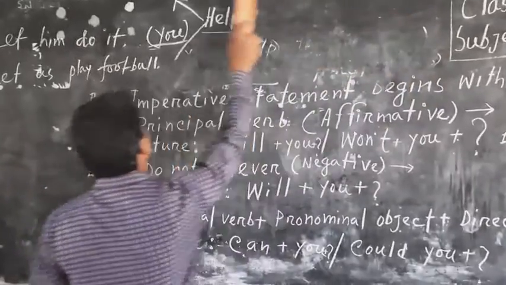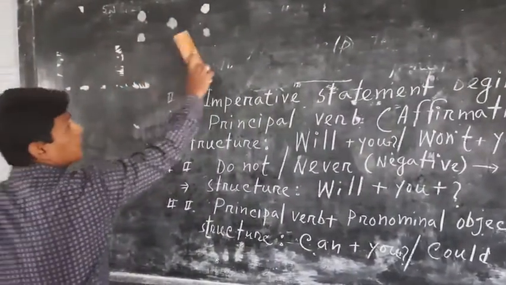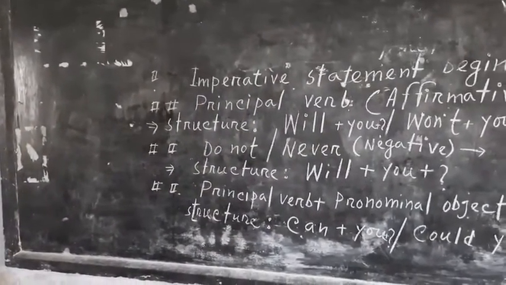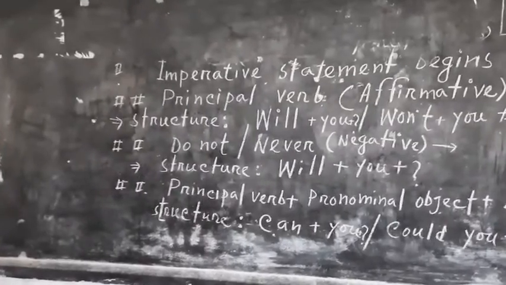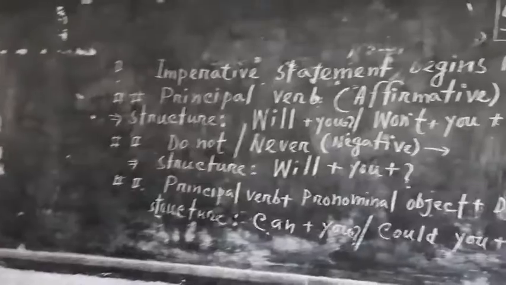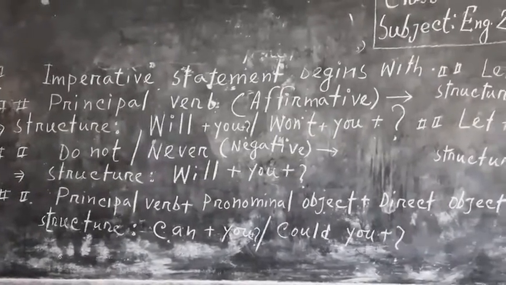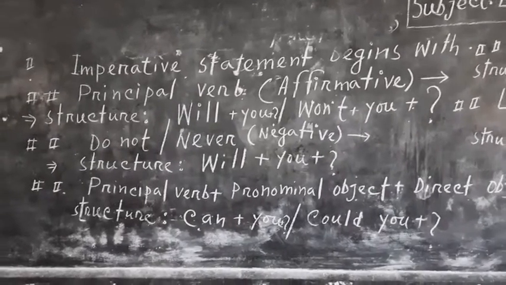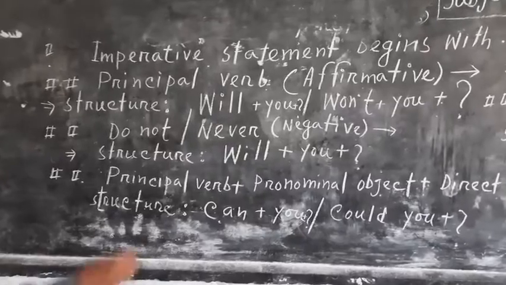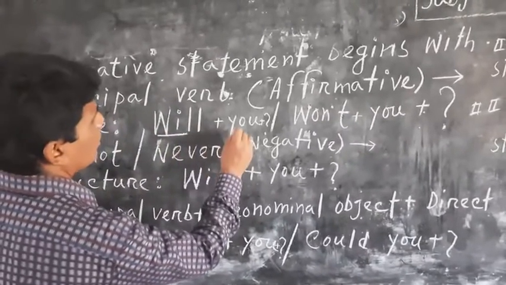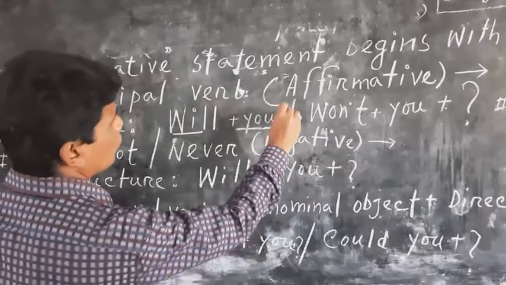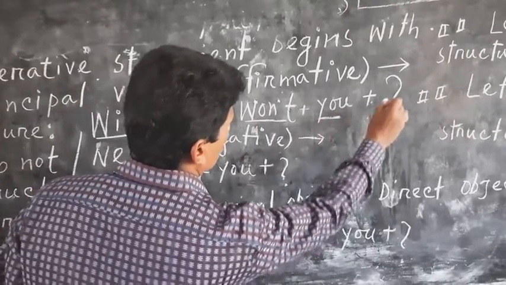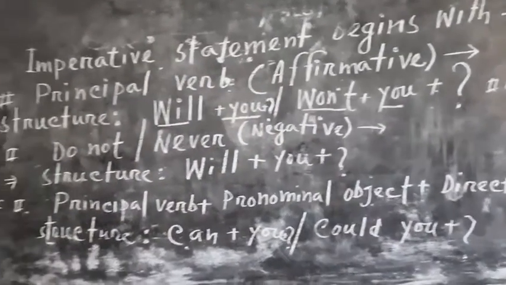Here I have written some rules regarding the imperative sentence, how to frame the tag portion of an imperative sentence. If the imperative statement begins with principal verb, that means affirmative form, the structure would be auxiliary verb will plus you plus note of interrogation, or won't plus you plus note of interrogation.